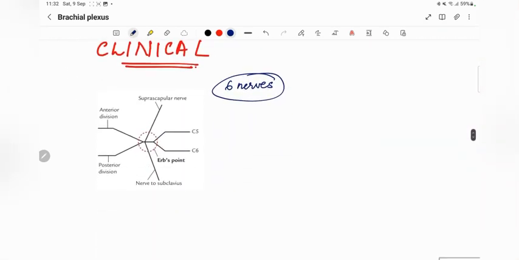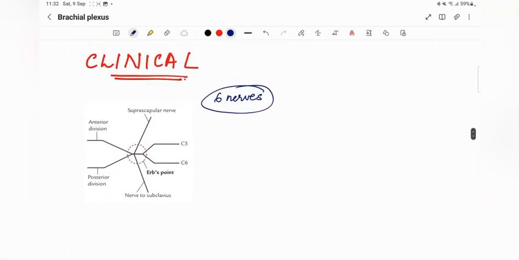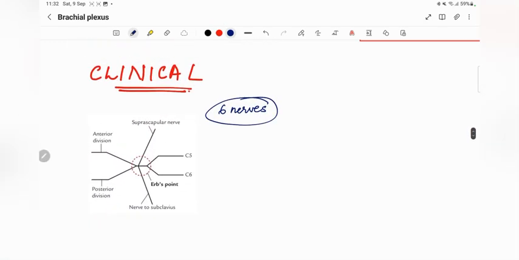So injury to the Erb's point can lead to a particular type of deformity known as the policeman's tip hand or the waiter's tip deformity.